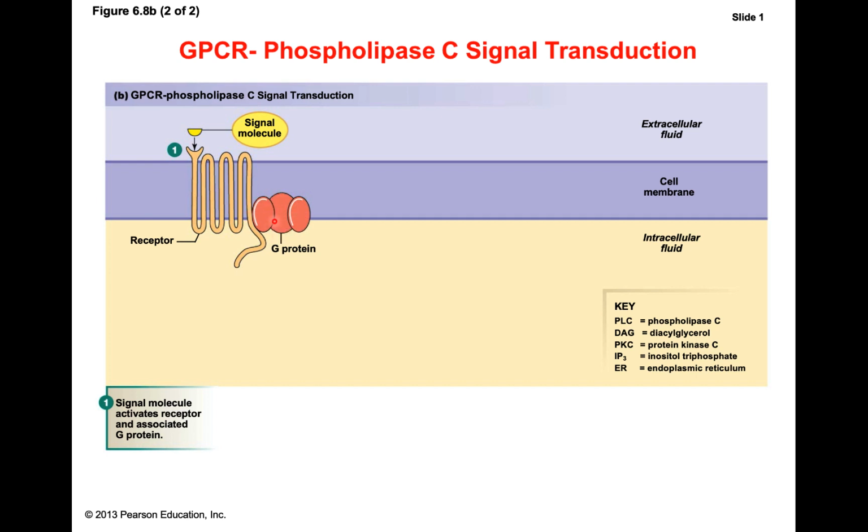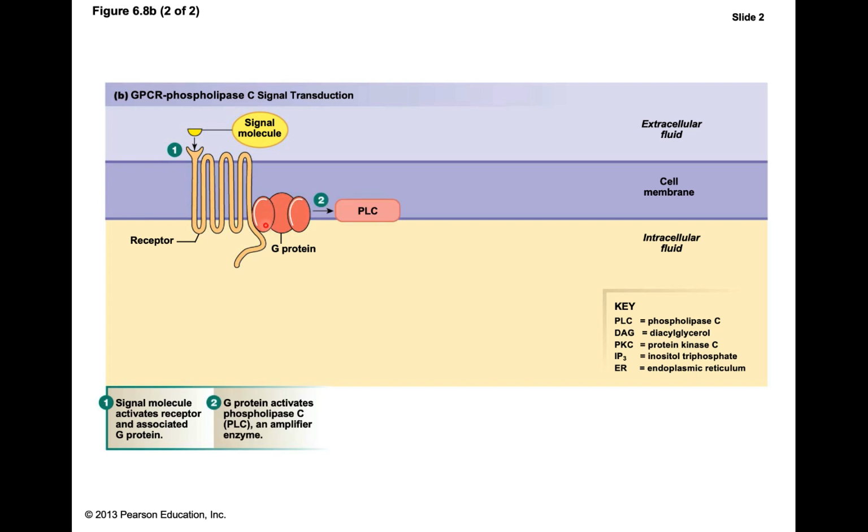Now, from the last mechanism, we learned that the G protein will then activate adenylyl cyclase. But in this one, this is where it changes. Instead of the G protein activating adenylyl cyclase, it activates a different enzyme called phospholipase C, PLC. Down here in the legend are the names of everything that I'm going to use abbreviations for.